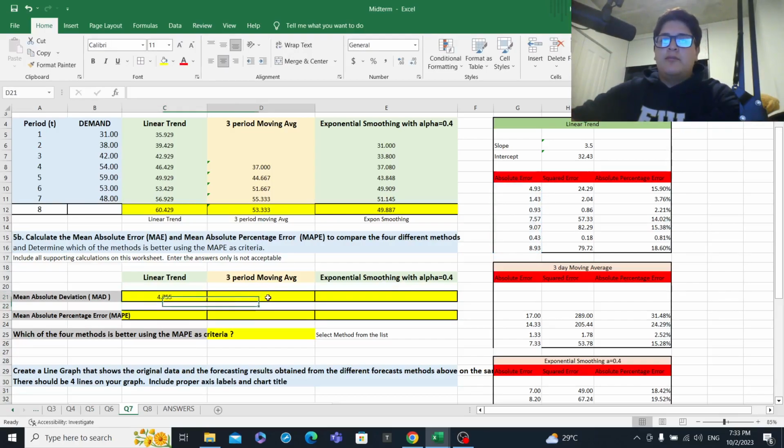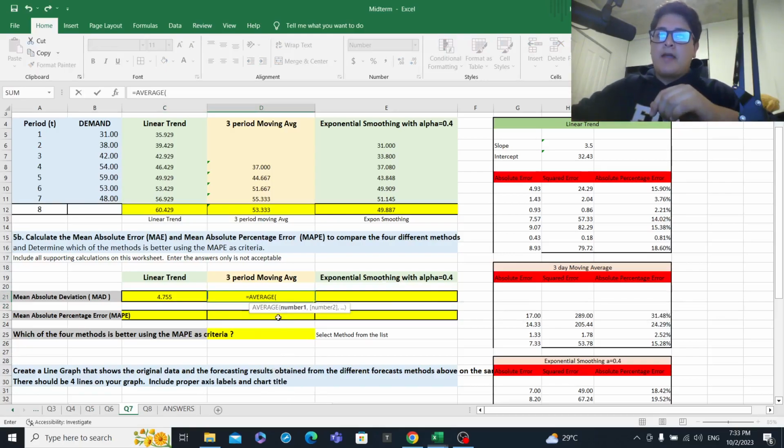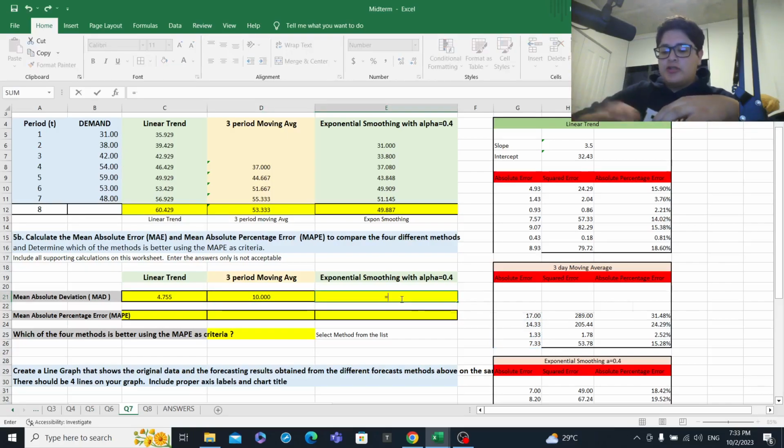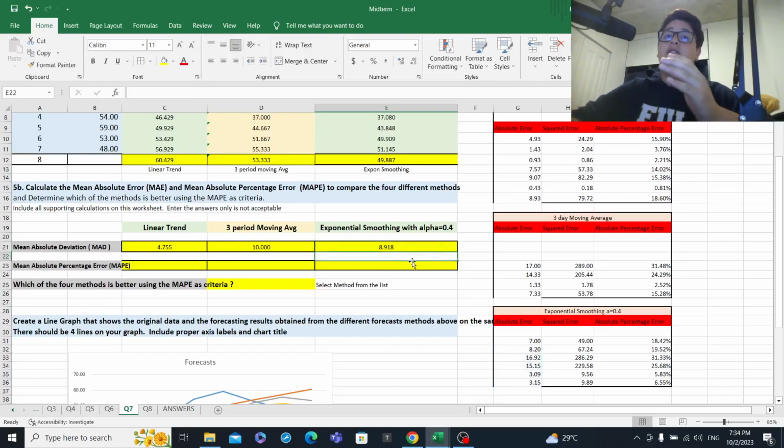Then for the 3-period moving average, we do exactly the same. Average. Boom. And for the exponential smoothing, it doesn't change either; we do this and pull it. We have it now.